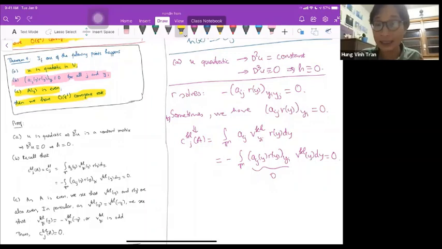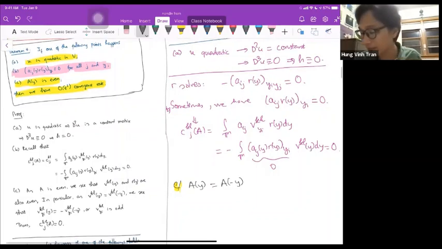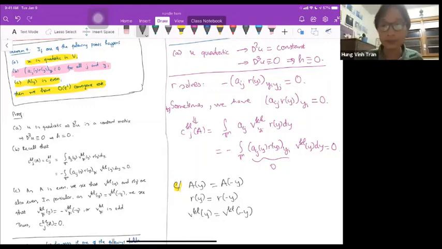It's rare, but it could be the case that A is even, so A(y) equals A(minus y), right? If A is even, then all the solutions to the PDEs involving A are also even. So I should have R(y) equals R(minus y), and also for the ergodic problem, the cell problem, V_KL(y) equals V_KL(minus y), right?